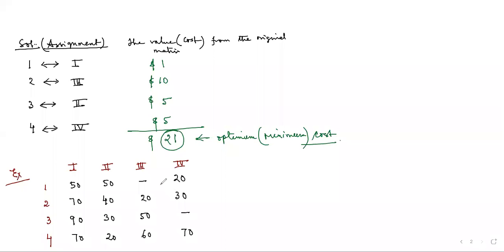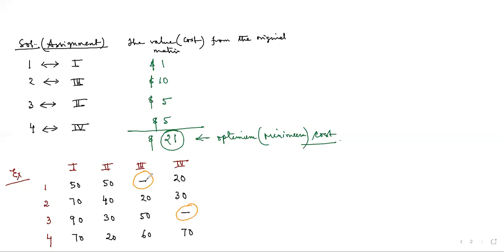What I have given you now is a special kind of matrix, because in this case, here at this point and here at this point, dashes have been put.